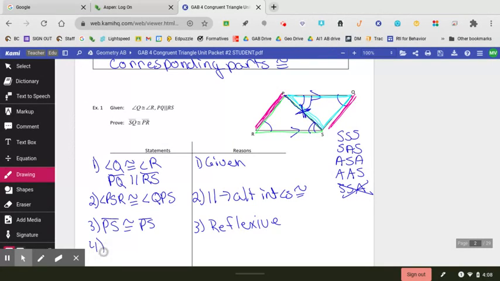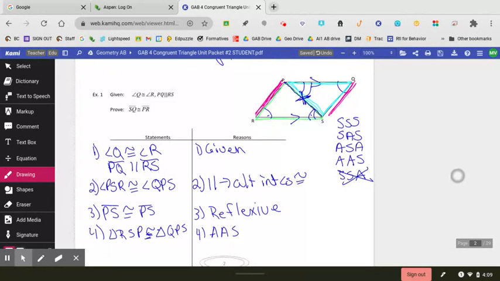And then I can say that triangle RSP is congruent to triangle QPS, and that's because I have angle, angle, side.